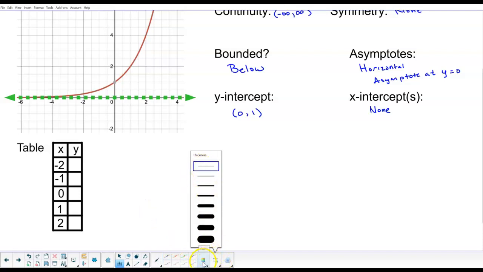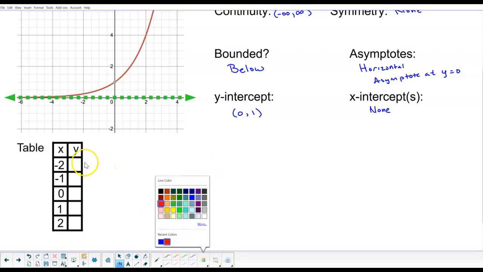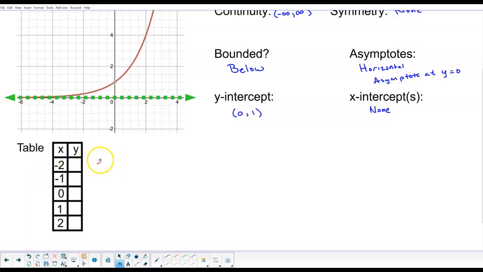So let me show you really quick what would happen if I plug in -2. So if I plug in -2, I get 2 to the -2nd power. Well, remember that -2nd power is the same as writing 1 over 2 squared or 1/4. Right?